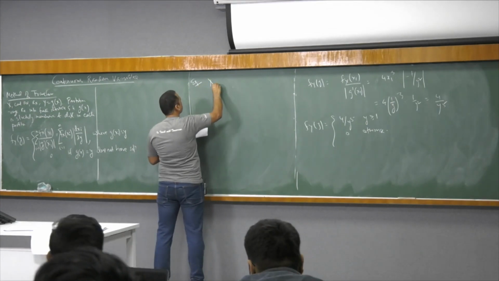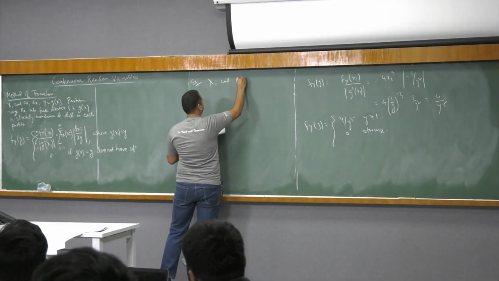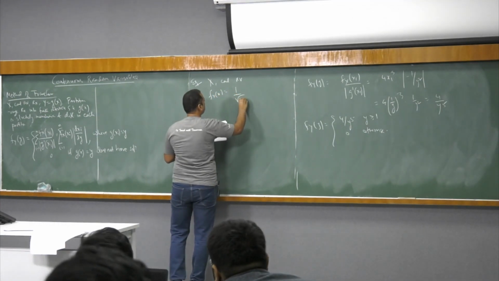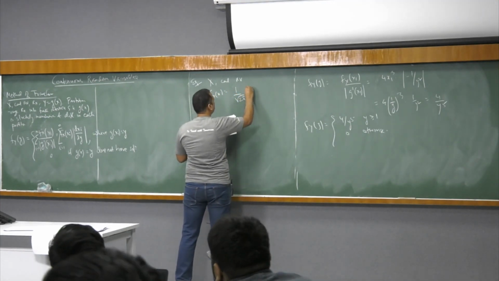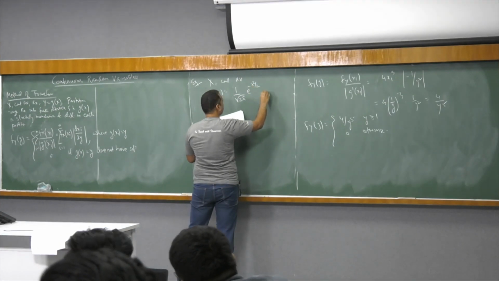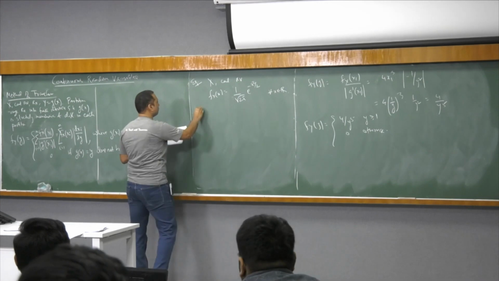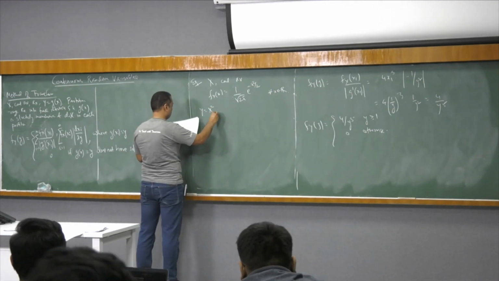So let X be a continuous random variable, and f_X(x) is 1 by square root of 2 pi, e to the minus x square by 2, for all x in R, and let Y equal X square.